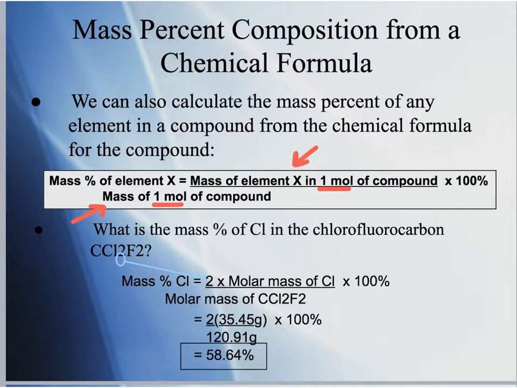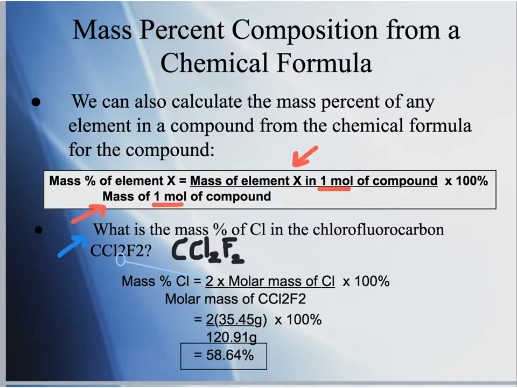So for example, here's a question that says, what is the mass percent of chlorine in the chlorofluorocarbon CCl2F2? So it should be written like this, CCl2F2. So there's 2 atoms of chlorine, 2 atoms of fluorine, and 1 atom of carbon in this compound.